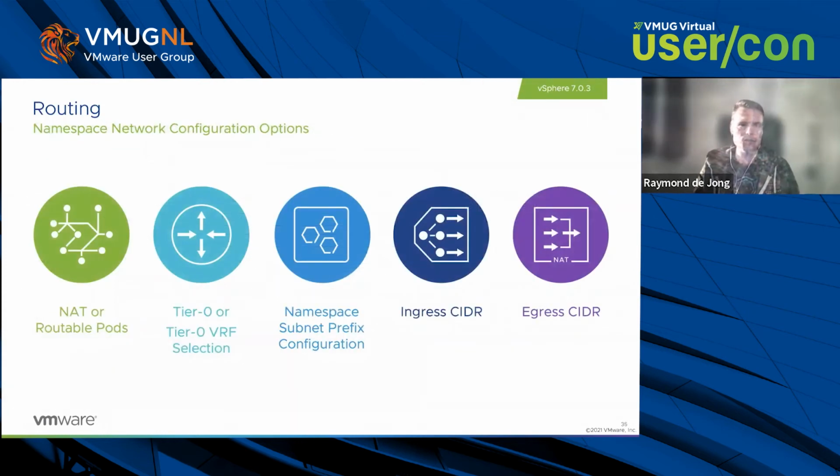Then on the namespace level, there are some things you can override compared to the cluster settings. You can set and override NAT or routable pods, the tier 0 or tier 0 VRF selection, namespace prefix configuration, and the Ingress and Egress CIDR.